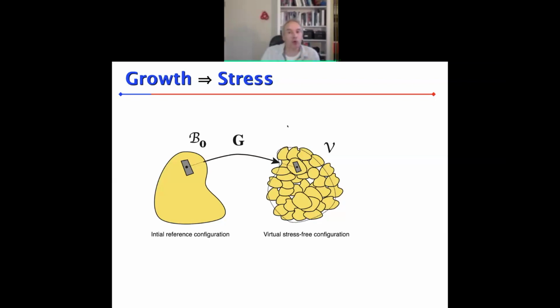So the basic mathematical framework for that is to look at, let's say, an initial system that has no stress. And then you let each infinitesimal piece of the material grow as it wants to grow. And then you reattach all the pieces by saying that all the neighbors should still be neighbors, because you assume that there is no fracture and that the pieces are still connected to each other.